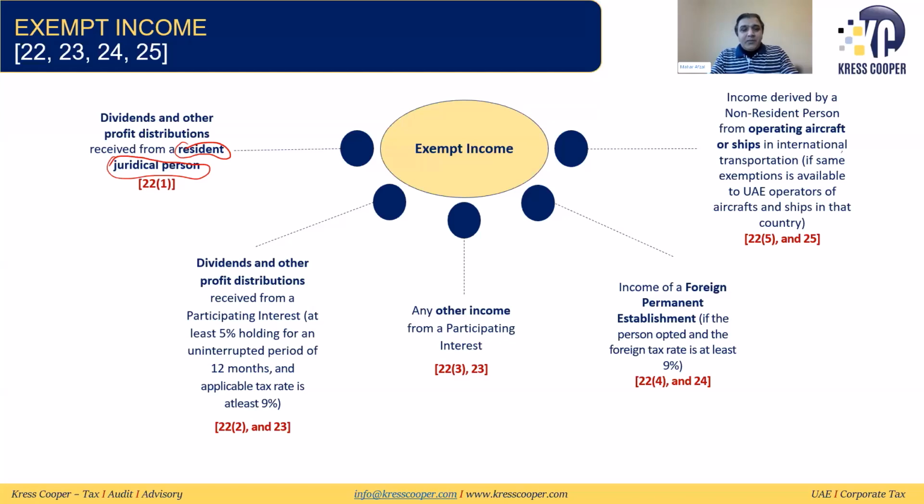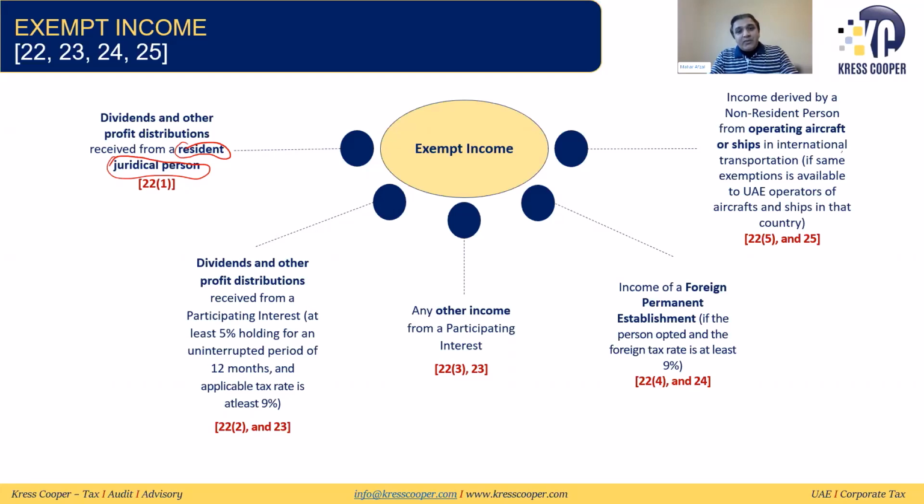Then dividends and other profit distributions received from a participating interest. We'll look at the participating interest in detail. This requires a minimum of at least 5% shareholding for an uninterrupted period of 12 months, and the income should be subject to tax at least 9%. We need to look into this in detail.